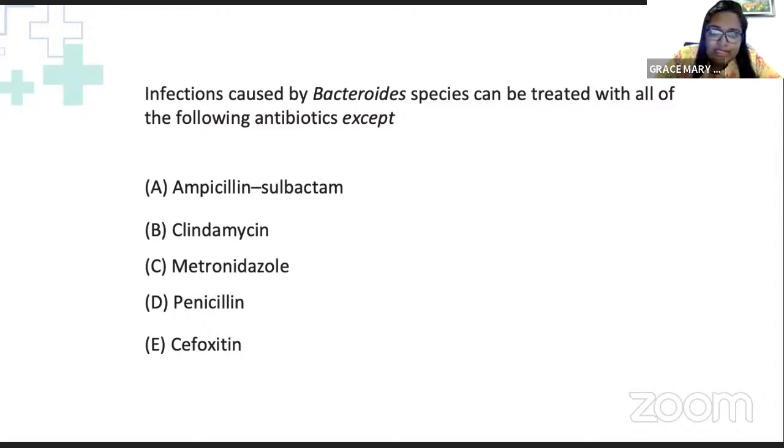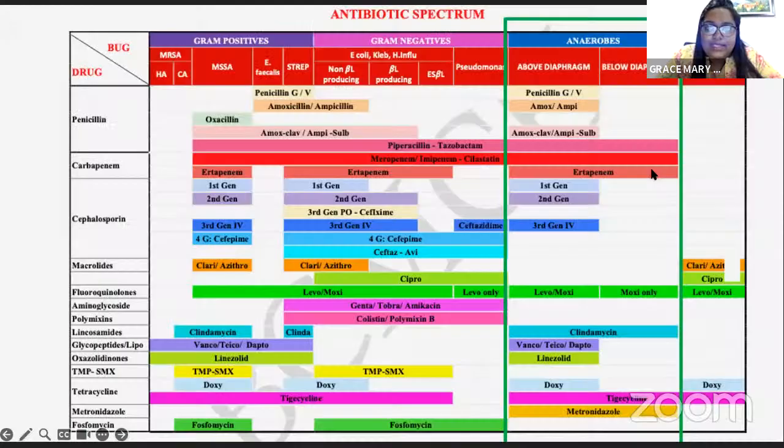And the cefamycins, which are cefotetan and cefoxitin, are second generation cephalosporins, and these are other drugs that you can use for anaerobic infection. Now, this is something that we use here.